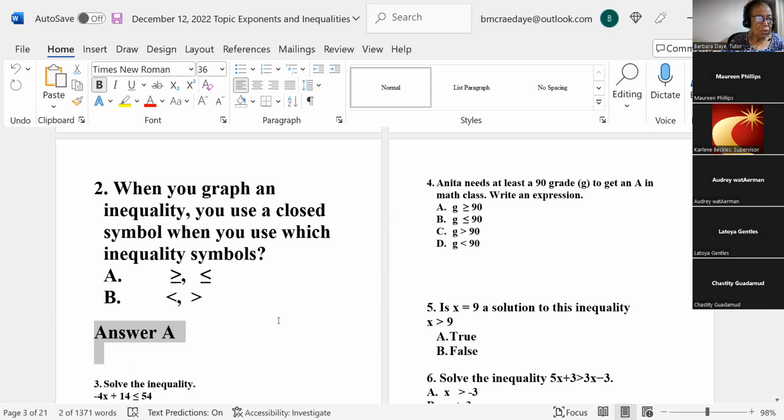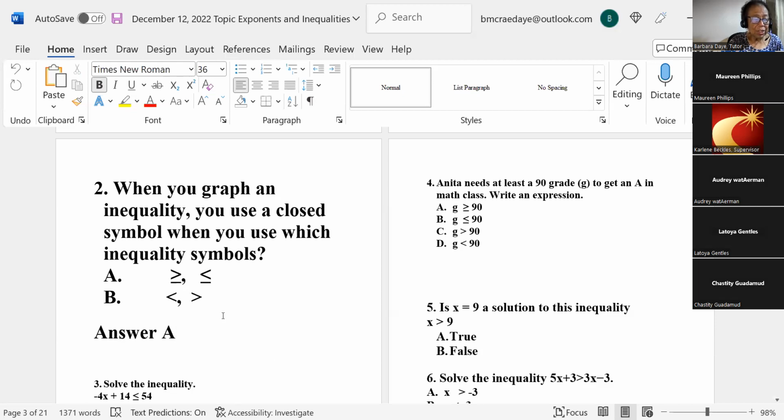That's why we say closed. Whereas if it were less than or greater than, it would be open. This is always true. And all you do is draw a line on the number line and put the closed or open symbol and put the numbers that are included within the inequality.